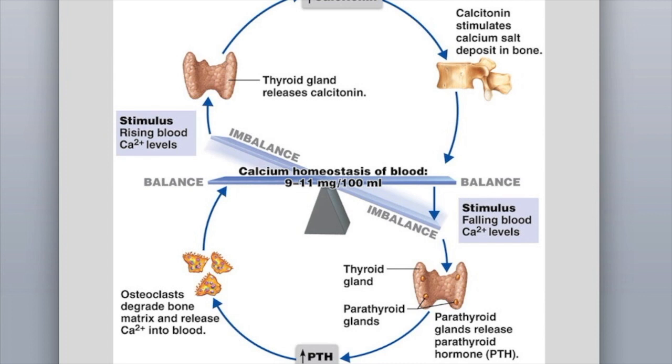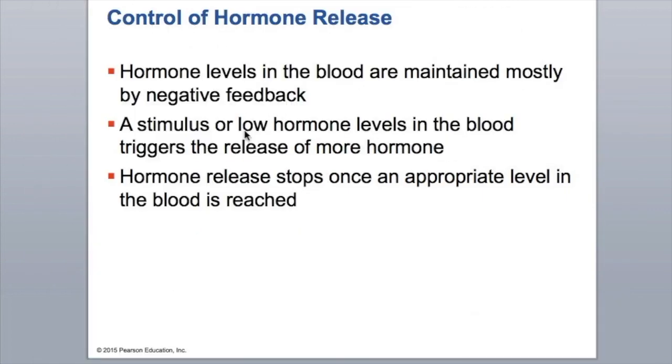And that's the negative feedback: as you build bone, calcium levels drop, it's picked up by the parathyroids, which sends out a hormone to initiate the osteoclasts to begin working, which will then in turn shut off the calcitonin. There is your negative feedback. That is how most endocrine glands control and maintain the appropriate level of hormones within the blood.